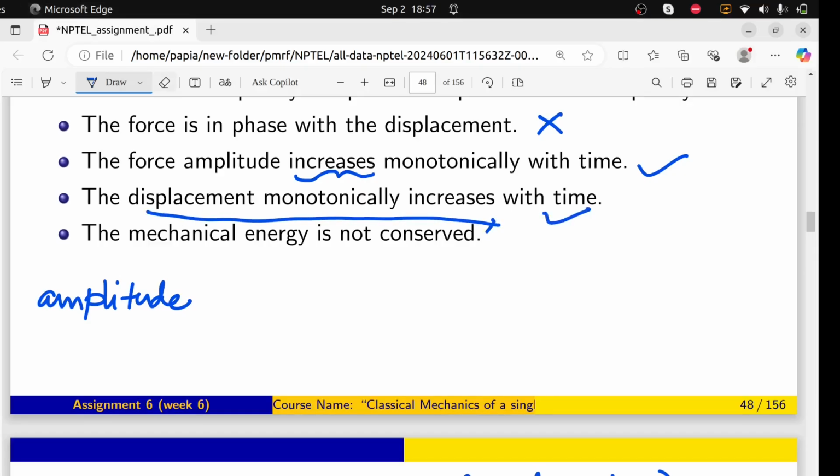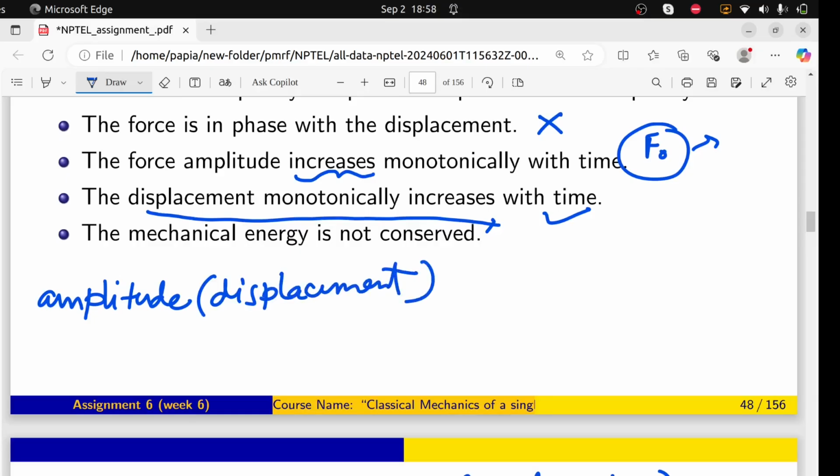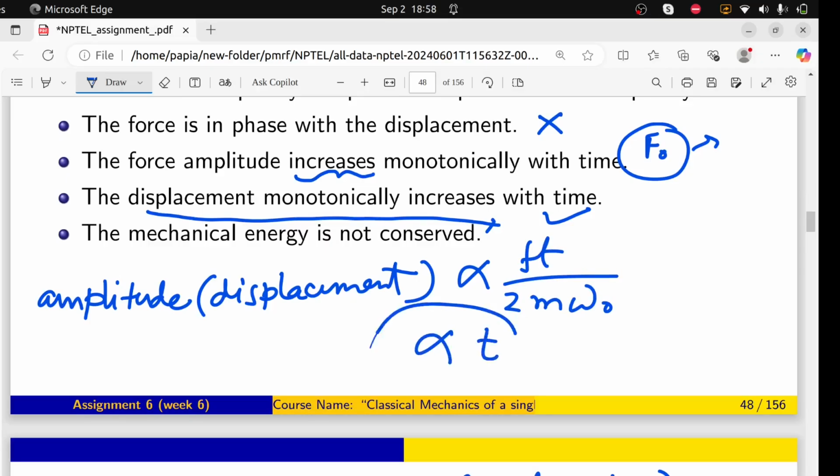So force amplitude we are not talking about here. Force amplitude was simply that F0, which is a constant, but displacement monotonically increases with time. So this is a displacement amplitude, which is F t by 2m omega 0. You can see that this is proportional to t, so it monotonically increases with time.